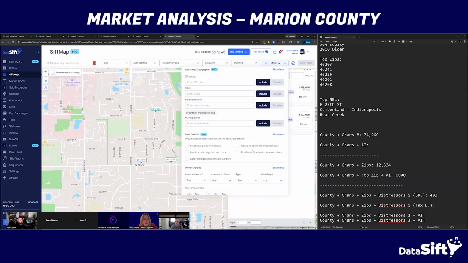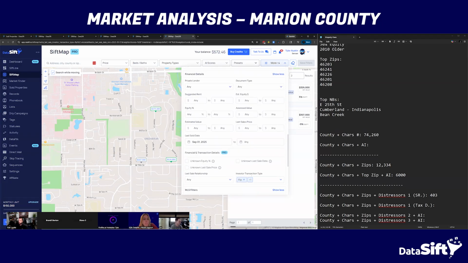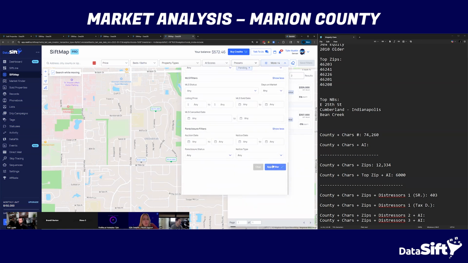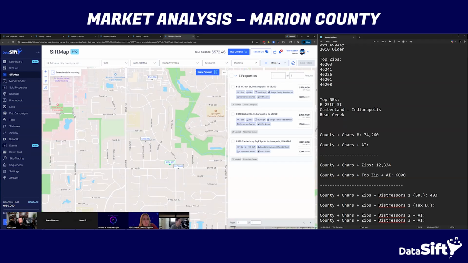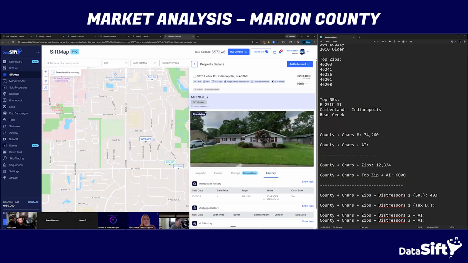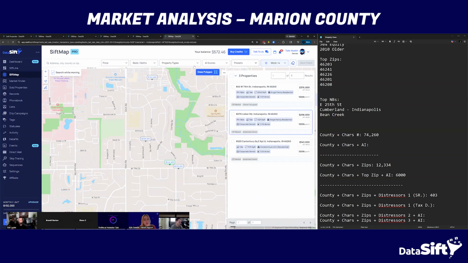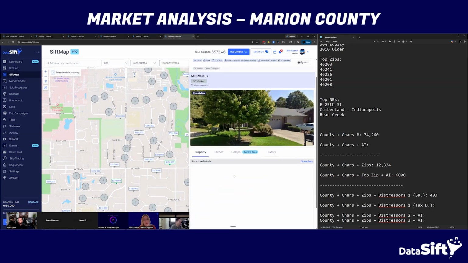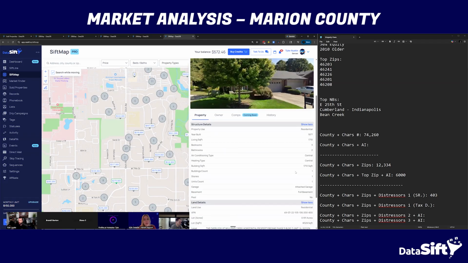If I do pending in wholesale, and it had to have been purchased in September, it's basically going to show me properties purchased since September in that neighborhood, which are waiting to see what the investor does with it, whether they flip it or turn it into a rental or whatever. So it's just a nice little trick. If you search the address and then go to land, you can get whatever we have for that neighborhood.